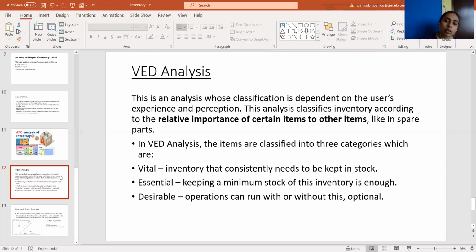So on the basis of vital, essential, and desirable, three categories can be made of your inventories. And on the basis of these categories, you can give major importance to the vital category, moderate importance to the essential category, and low importance to desirable category products. So these are all about classification of inventories.